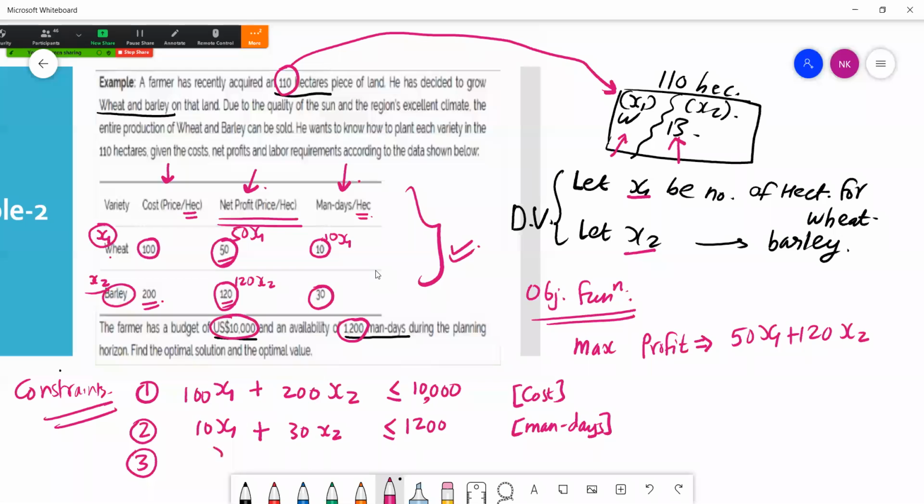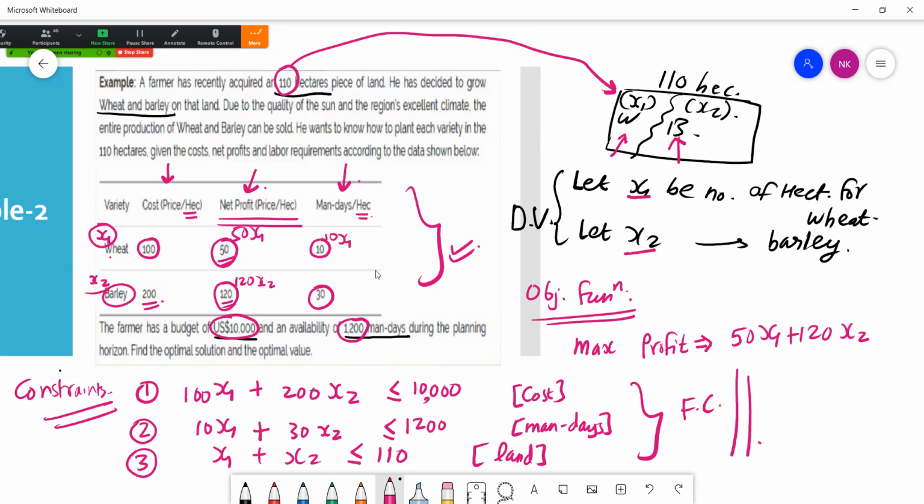So it will be nothing but x1 plus x2 less or equal to 110. This is the constraint of the land. These are all the functional constraints.